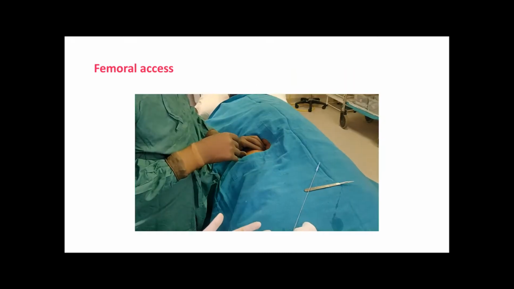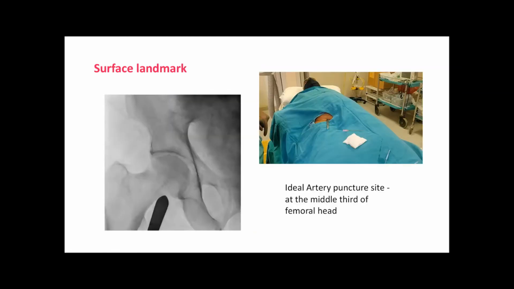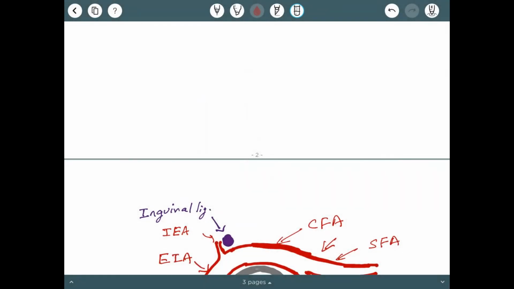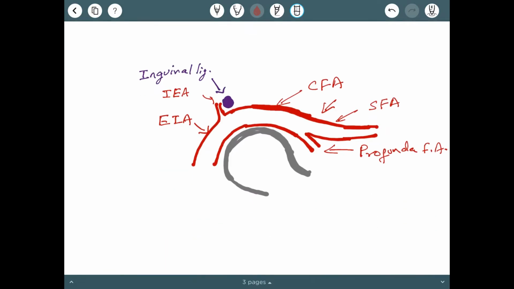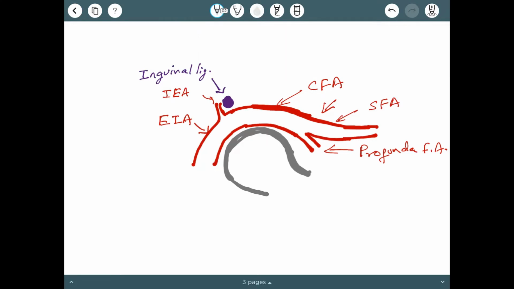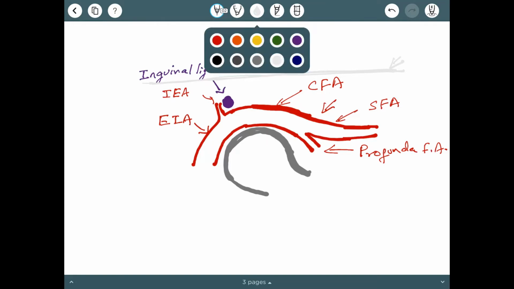So what I mean is that, this is our surface of the skin. Let me highlight it further.